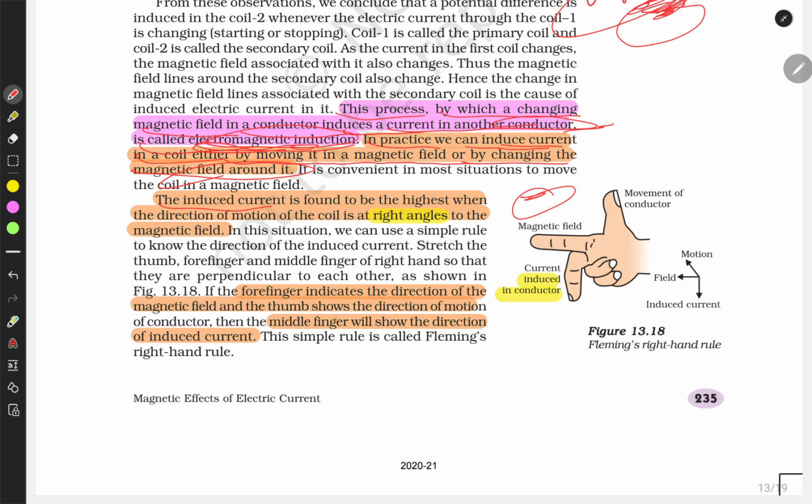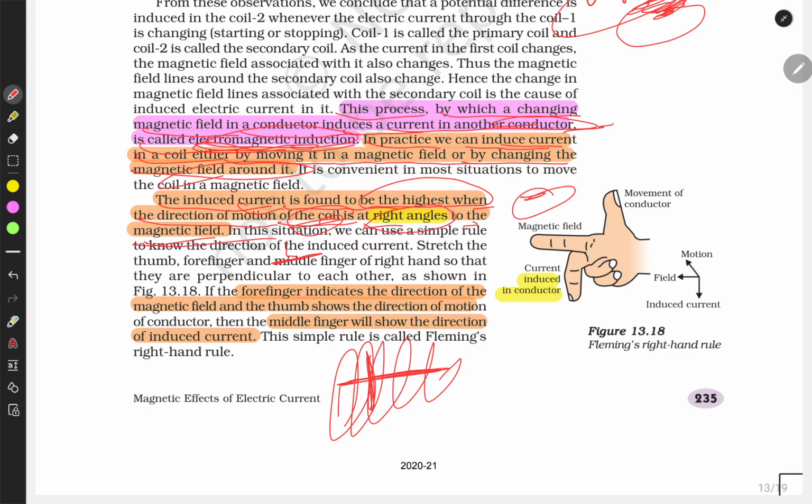The induced current is found to be the highest when the direction of the motion of the coil is at right angle to the magnetic field. When the relative motion of the magnetic field and coil is 90 degrees, suppose this is a solenoid and we move the magnet through this.